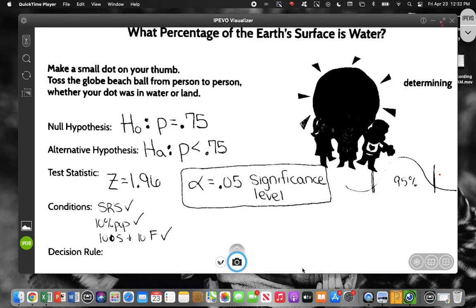And here's why. We are going to fill this in a little bit. Our decision rule is, are we going to reject the null hypothesis or are we not going to? This whole next week, we're going to really focus on statistics language, because there are certain things that you just don't say.